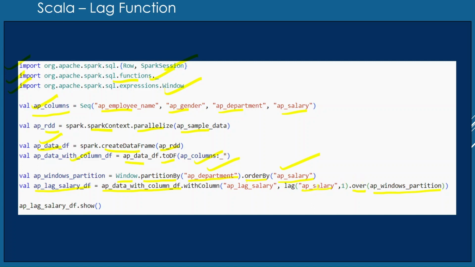It will take the previous value and populate this column which we are creating with the help of the withColumn function. Let's do the exercise, and when we discuss the output of this lag function stored in this data frame, we will get a better idea of how the lag function generally works in Scala.